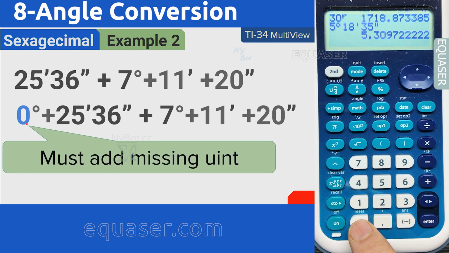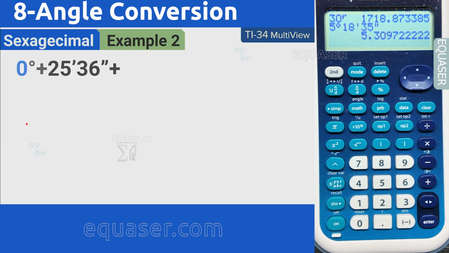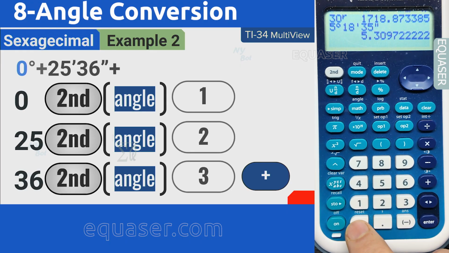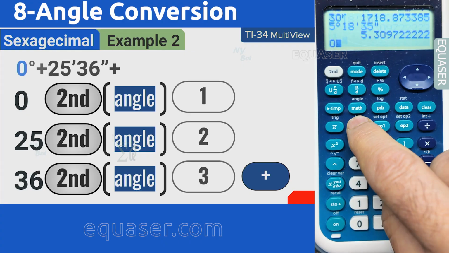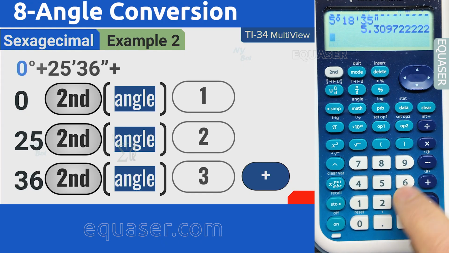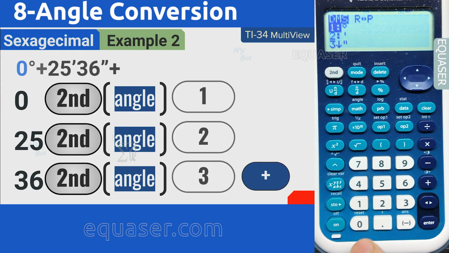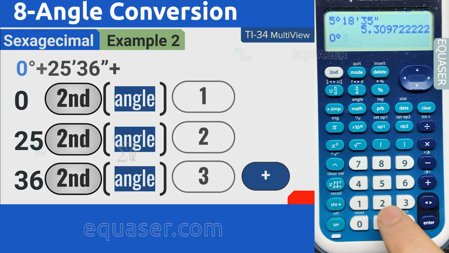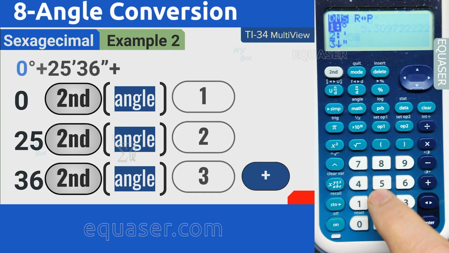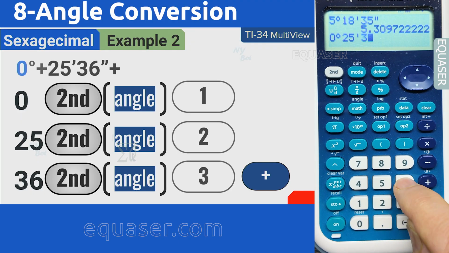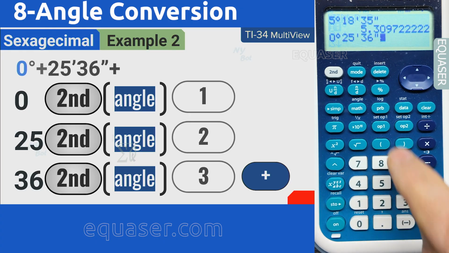So I'm starting, that's very important, I'm starting with 0 second function angle 1 degree, 25 second function angle 2, and then 36 second function angle 3.